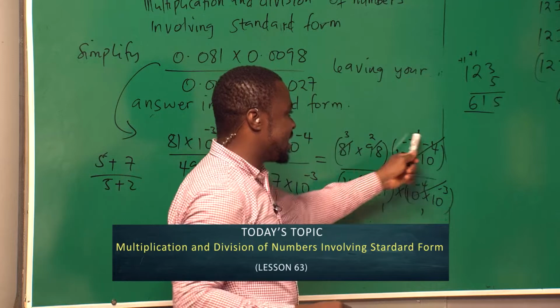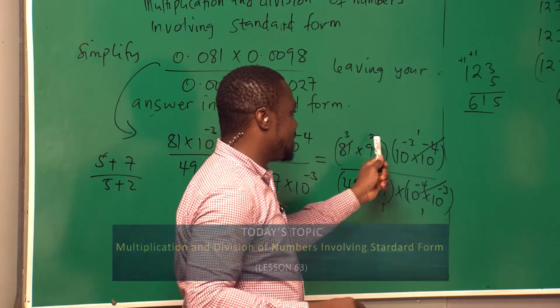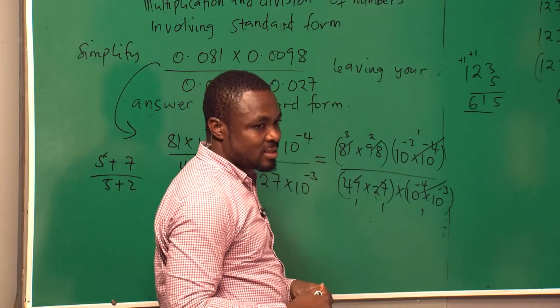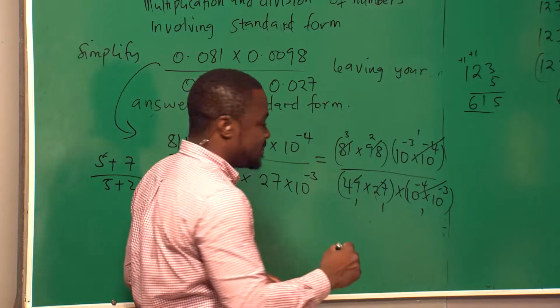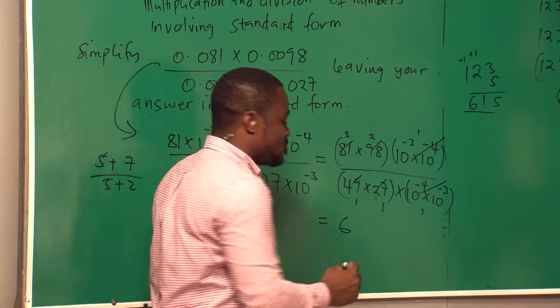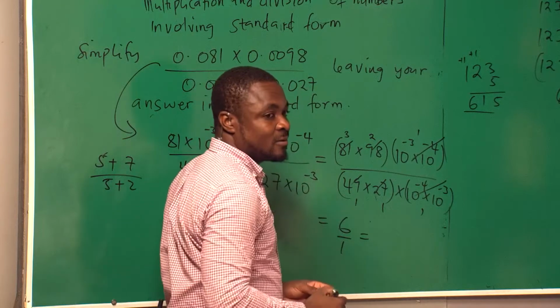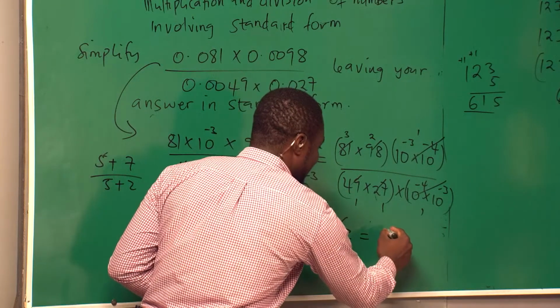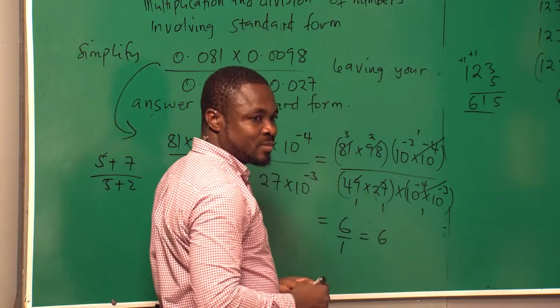So you just multiply the 3 by 2 by 1. What do you get, Munira? 6. And the denominator, what do you get? 1. And what's the final answer? 6. Right? Are you okay?